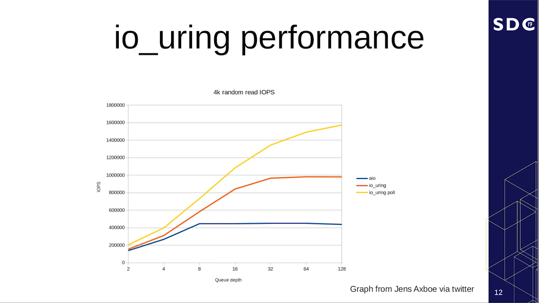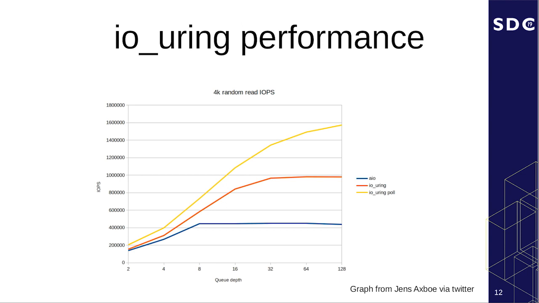And this is actually a really nice graph from benchmarks from Jens that he recently tweeted. I think the numbers are actually not that recent because we've improved a little since then. But we're at 1.6 million IOPS here without any real work, just a little user space application using the io_uring, a polling thread.